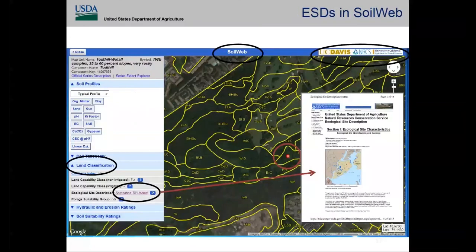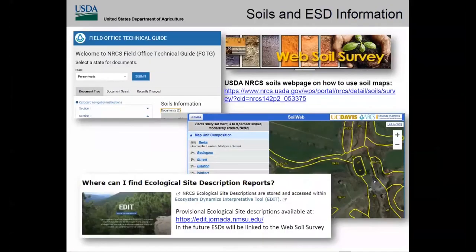You can also find ESDs in SoilWeb under land classification. This is just another tool to bring up soil information and a variety of other information, not just maps. So again, you can find soils and ESDs under ePhotog, Web Soil Survey, EDIT, SoilWeb, and some of it on the USDA NRCS Soils web page.